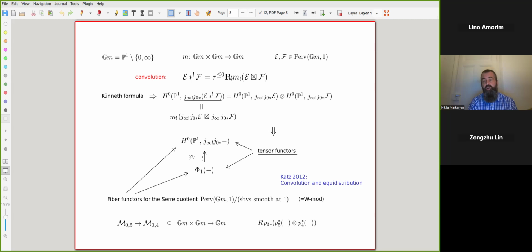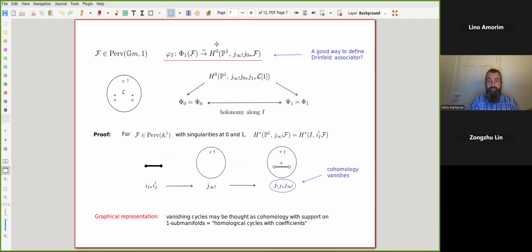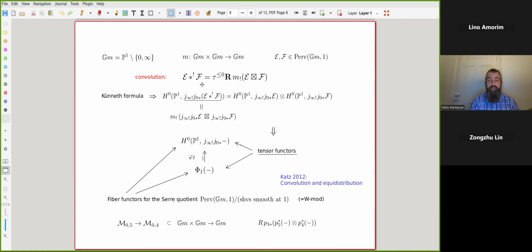It's not a perverse sheaf. It's a complex of perverse sheaves. That's why we need to introduce this cutting. So we just take only the zeroth cohomology of this complex, and the Künneth formula implies that this functor, the cohomology of the extended sheaf, is tensor with respect to this convolution. It's more or less the Künneth formula.